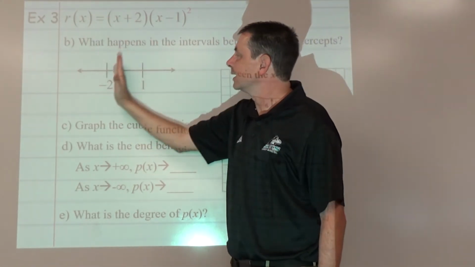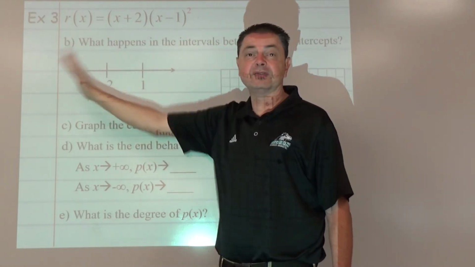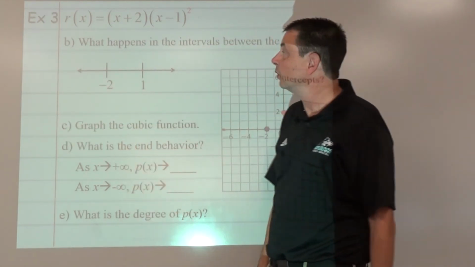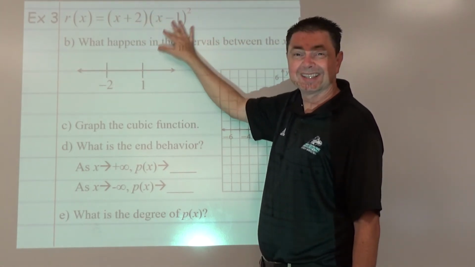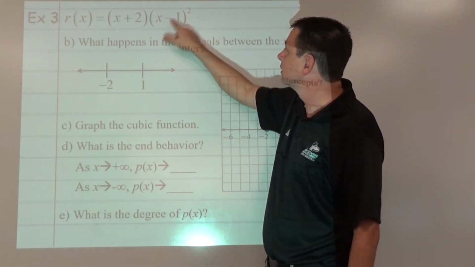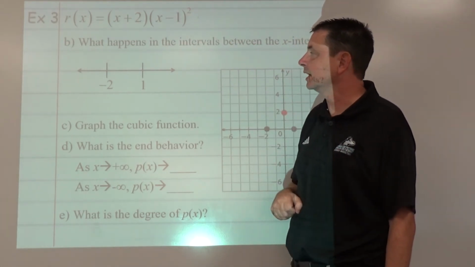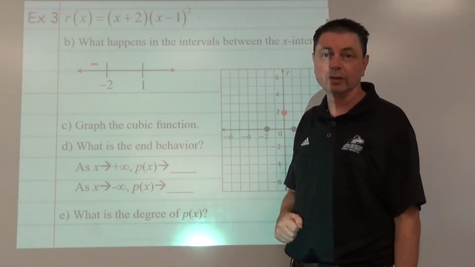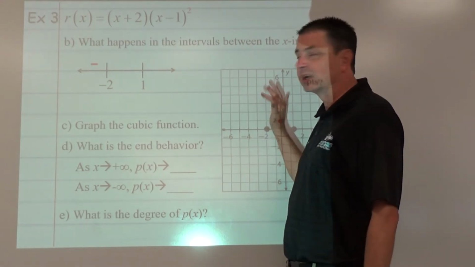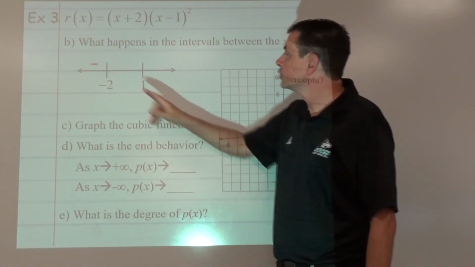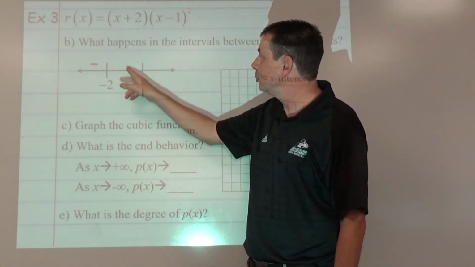Now, let's pick a number left of negative 2 on the number line, like negative 4. Plug it in, negative 4. Make sure we're doing this exactly as we see it there. And we're going to get a negative number. Between -2 and 1, we already did that.